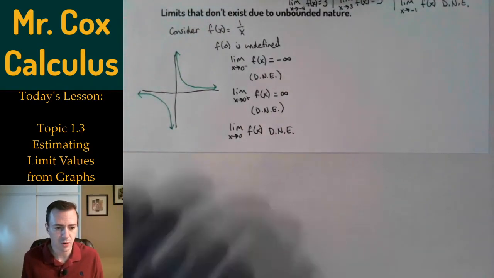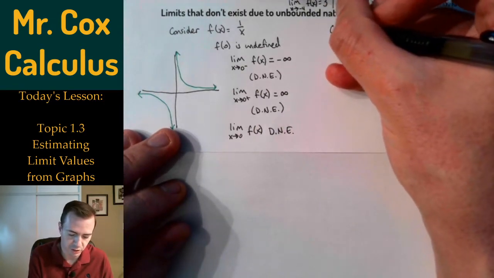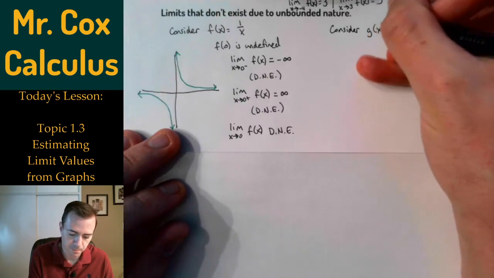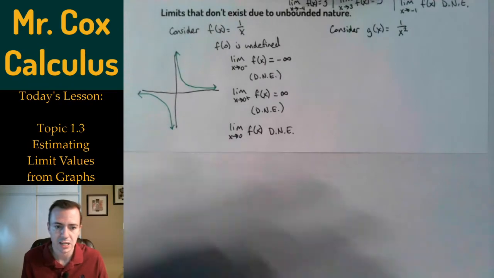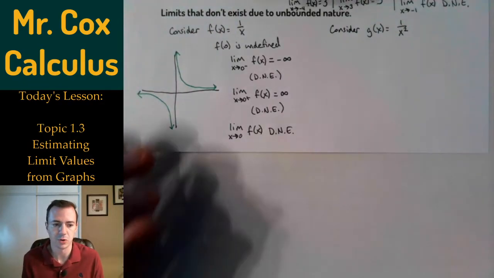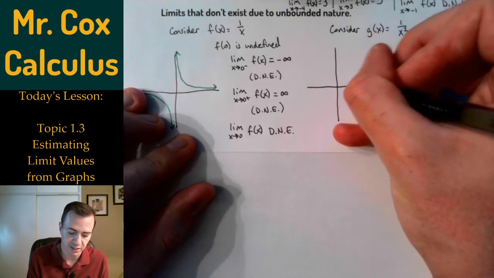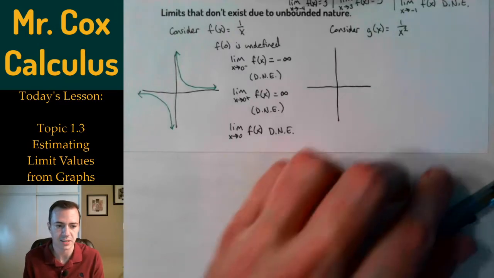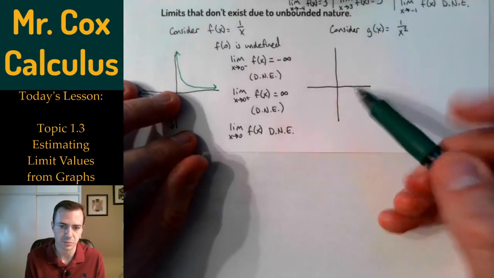Now then, let's flip it around, one more type of rational function. Let's consider g of x equal to 1 divided by x squared. And this function has very similar properties to it. Its decreases and increases are a little bit more dramatic, but the idea is still the same. That as x is getting small, the function has this vertical asymptote at 0.